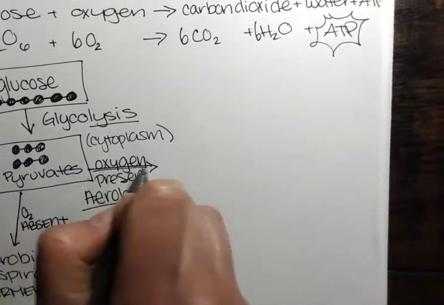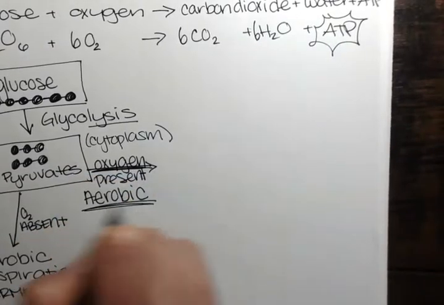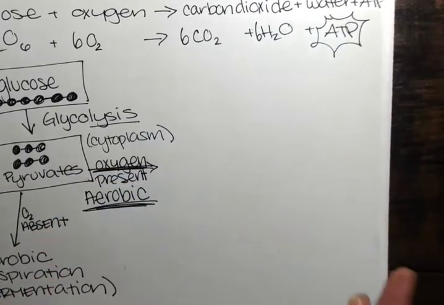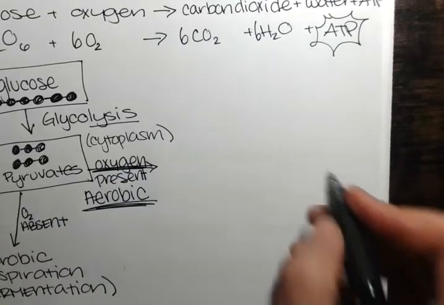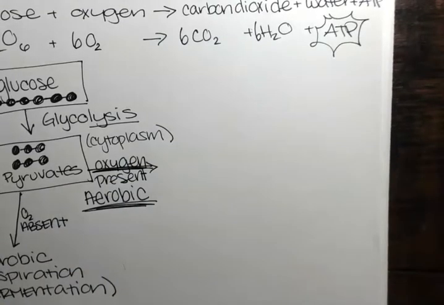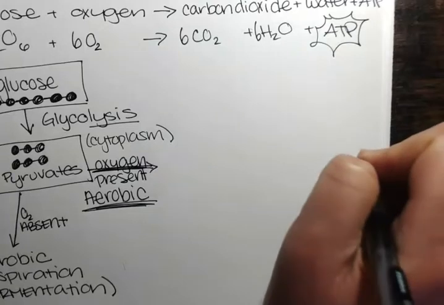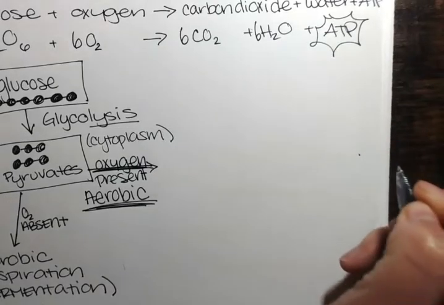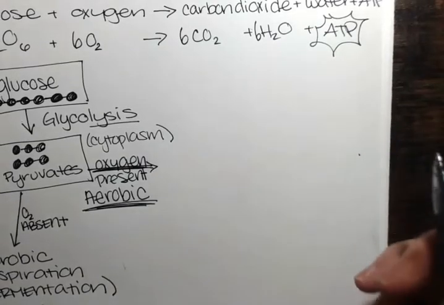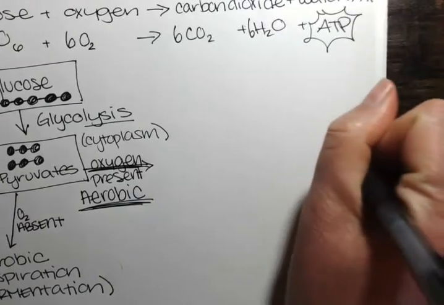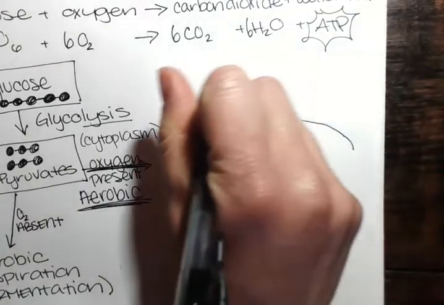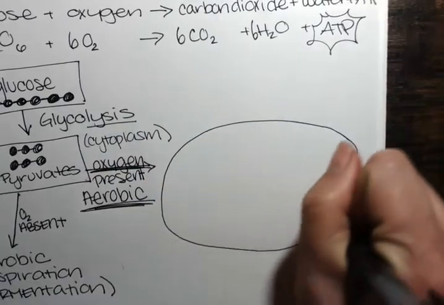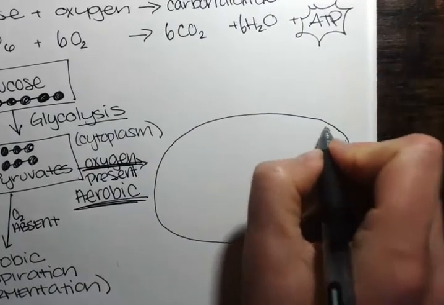What does end up giving you a ton of energy is this aerobic cellular respiration. And this happens in the mighty mitochondria. So I'm not going to get into all of the details of this, but basically what happens inside of your mitochondria, so here's your mitochondria.